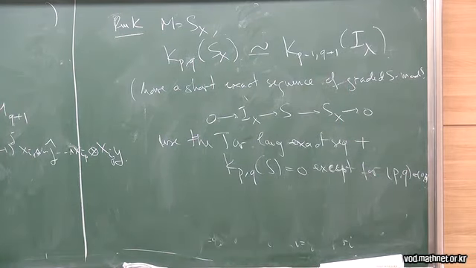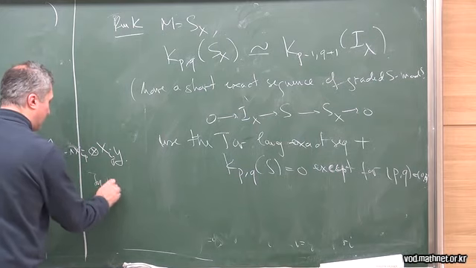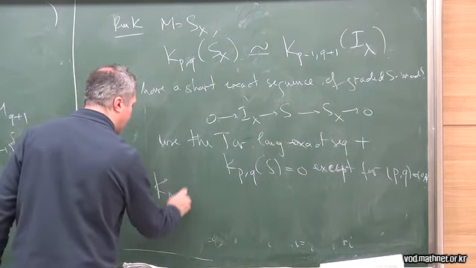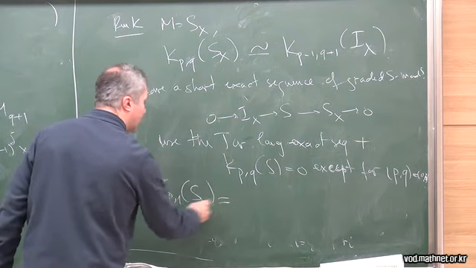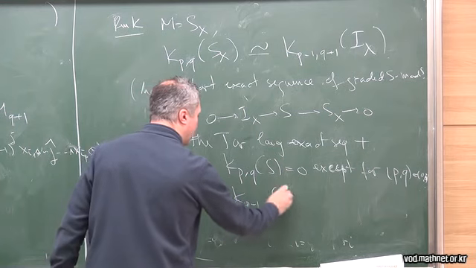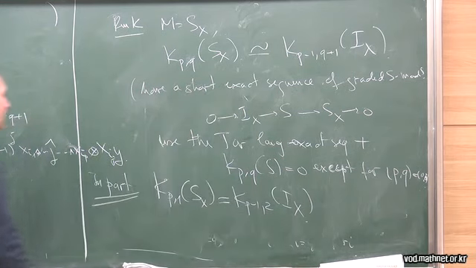So in particular, if we look at Kp,1, so Kp,1 of Sx is Kp-1,2 of Ix. But Kp-1,2 of Ix, what does it mean?